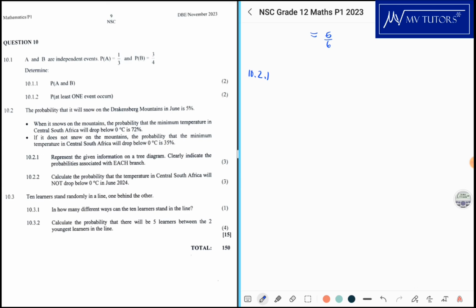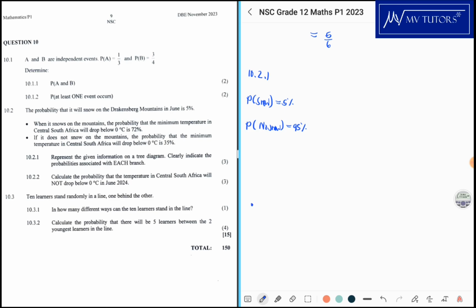So basically, what information have they given us? They said if there is snow, there's 5%. Meaning, if there is no snow, that's 95%, because it all has to add up to 100%. So where do we start?